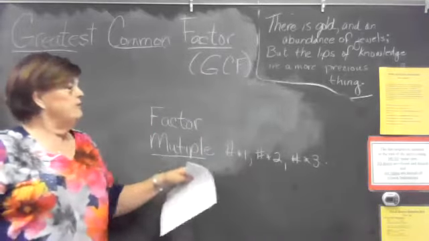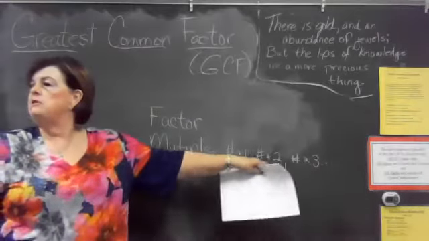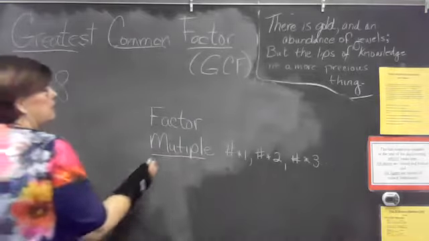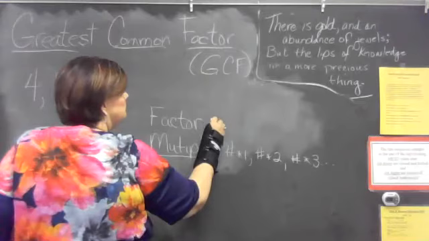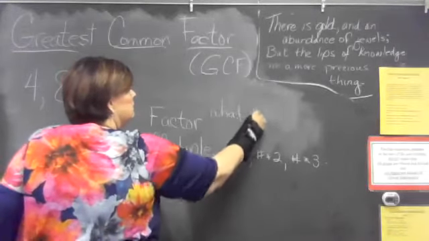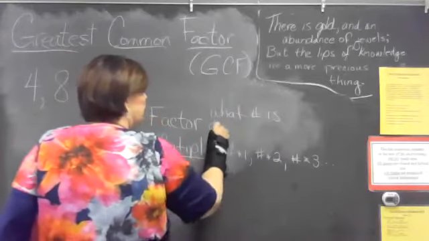So the multiples of 5 would be 5, 10, 15, 20. Those are multiples. Now factors are what a number is divisible by.